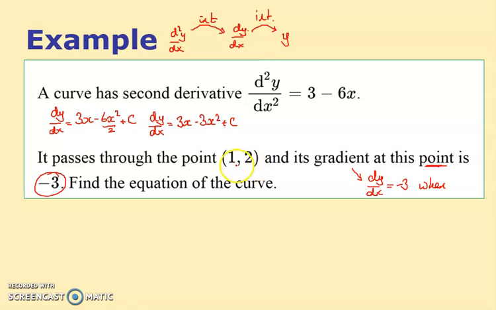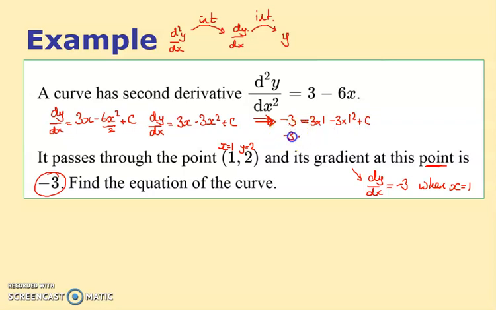Now, this point is (1, 2). Critically, that is x equals 1 and y equals 2. So when x equals 1, dy by dx is minus 3, and that equals 3 times 1 minus 3 times 1 squared plus a constant c.